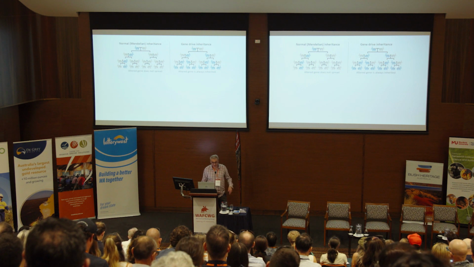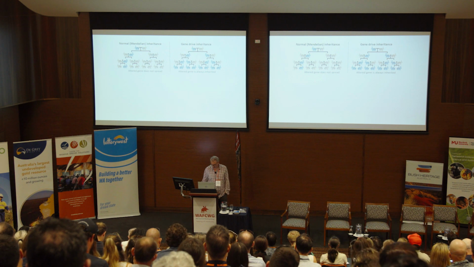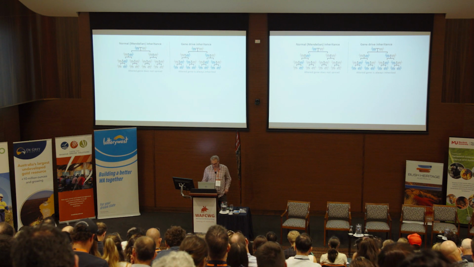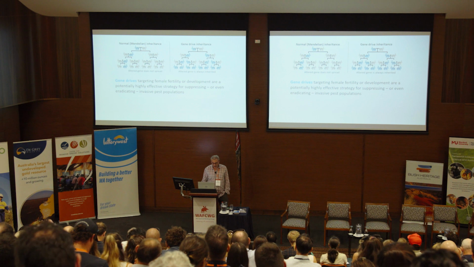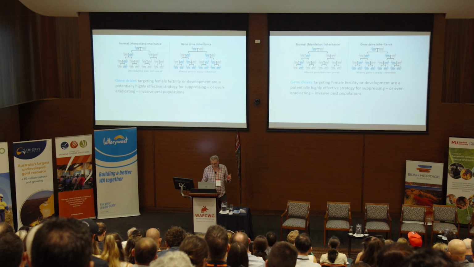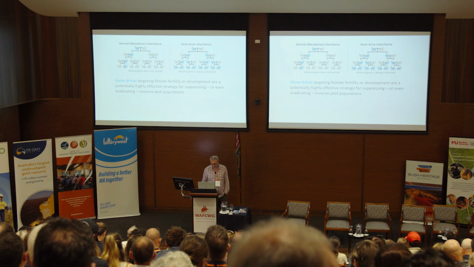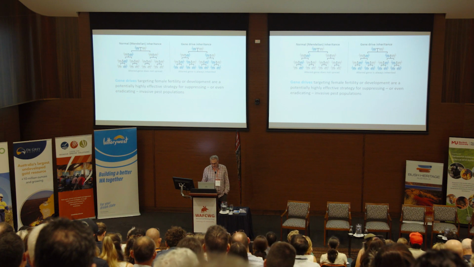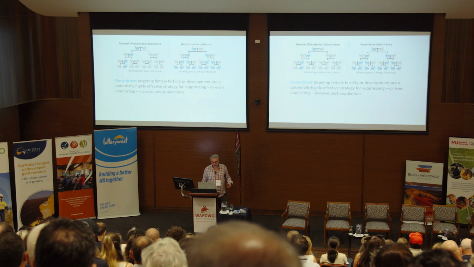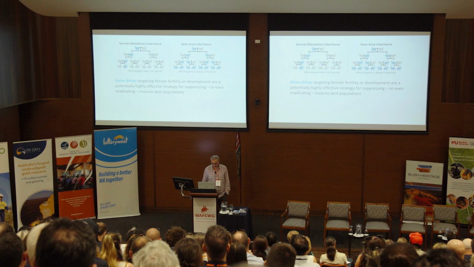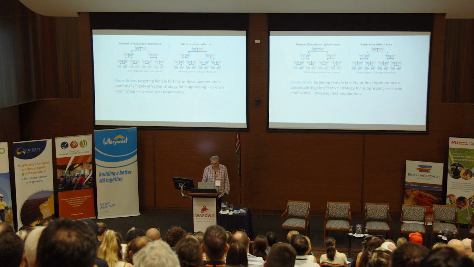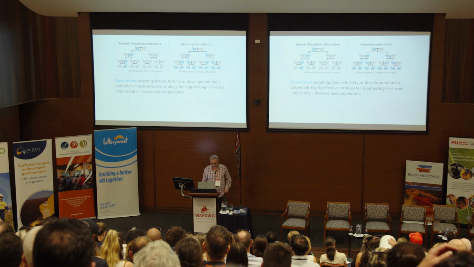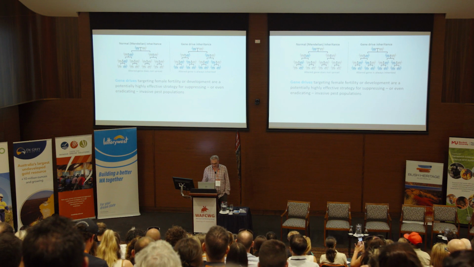So it increases in frequency in the population until you get 100% of the alleles in the population carrying the GenDrive. If you target a GenDrive construct to a female fertility gene, it works as a suppression GenDrive that can result in suppressing or even eradicating a pest population.